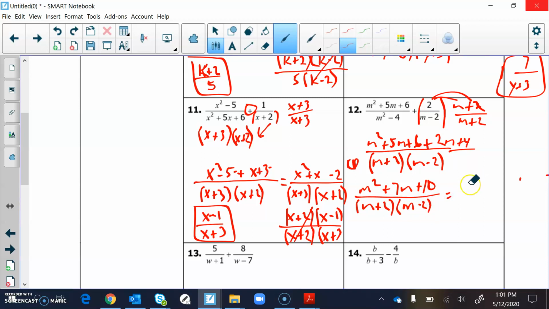Now I want to factor that numerator. m plus 5 times m plus 2 all over m minus 2, m plus 2. m plus 2's cancel. You can cancel all of a binomial, leaving me with that.